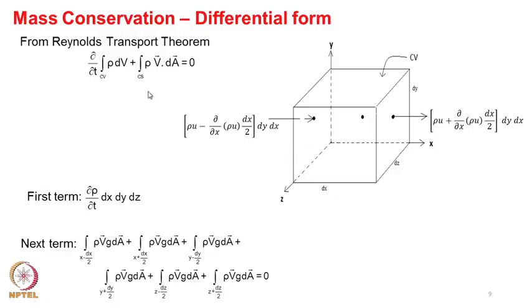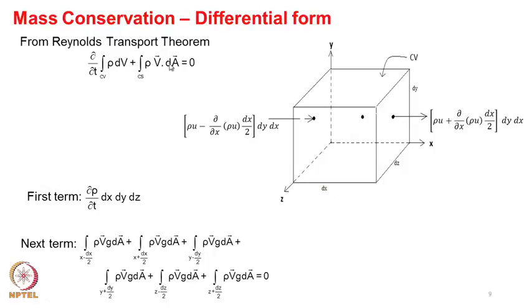Reynolds transport theorem we have already seen. If you substitute eta equal to 1, then you get N on the left hand side to be mass. So, that equation is put here again, and the volume is taken inside. Dou by dou t of the control volume integral of rho dV will give you the mass, and this will give you the flux crossing the control surface.